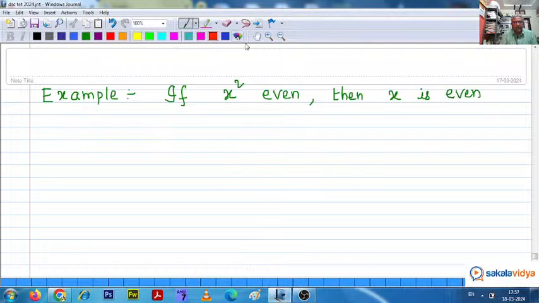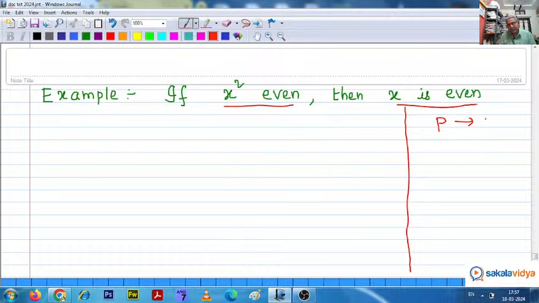So, my dear aspirants, x square is even is P, and implies x is even is Q, P implies Q. Now, we need to show that, let us assume the conclusion x is even is false, the negation of this Q. What is the negation of Q? X is even means the negation is x is odd. So, first we need to start with the proof like this.